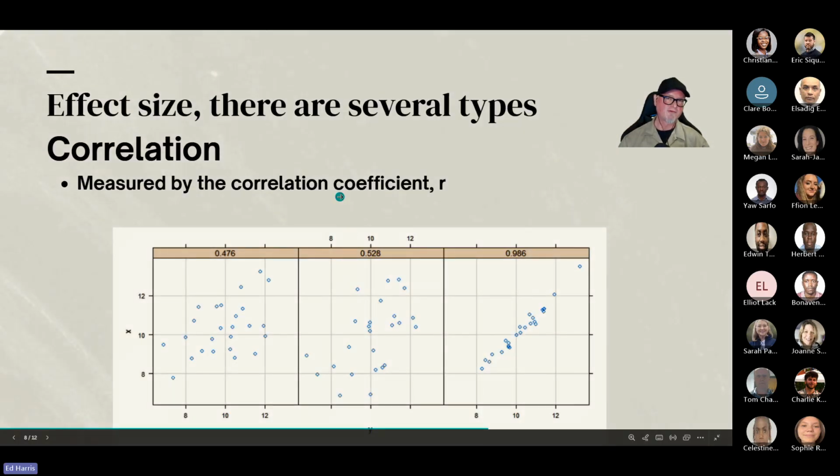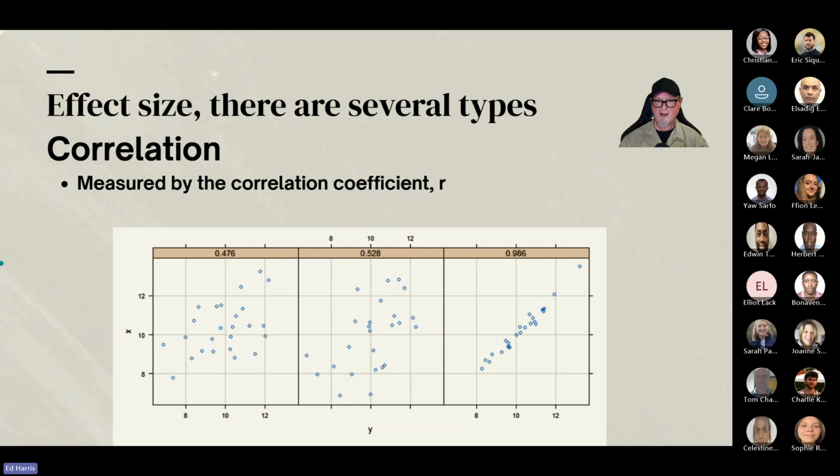Now, we're going to talk about several types of power analysis today. I'm just going to demonstrate a couple of the real simple ones. But the thing I want to say up front is that every kind of statistical test tends to have its own measure of effect size. There is generally a different method to calculate the effect size for every different statistical test.